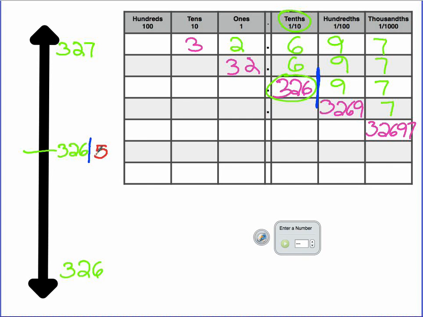But what's on the other side of our number? 9. So it'd be 326, 9. So what would happen to that number? Everybody, would it round up or stay the same? Round up.